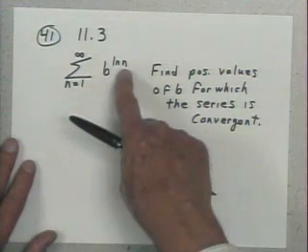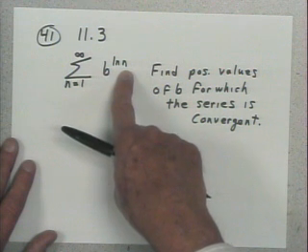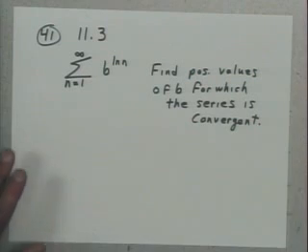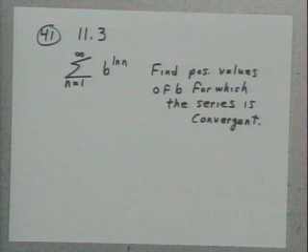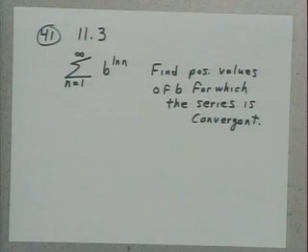So if I had just b to the nth, that would be a gift, wouldn't it? I think I'll put that one on the test. Make it b to the nth instead of natural log of n, and then say, tell me for what values of b this will converge. Because then it would be geometric if it was b to the nth. But the natural log of n screwed that up.